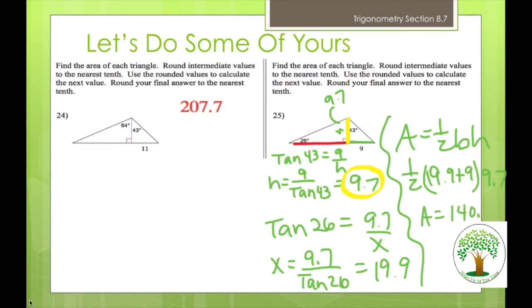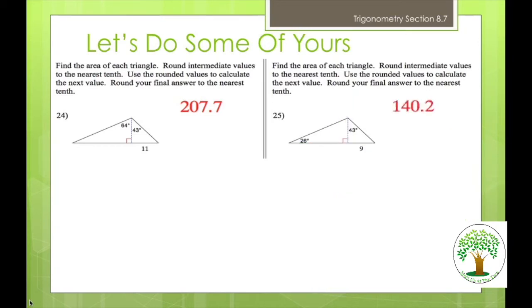Did you get that? Oh wait, I didn't add it, did I? Oh, okay. You're fine. All right, 140.2. I'm going to reveal that we have 140.2 as the answer. That's great. Okay, so we did it right.